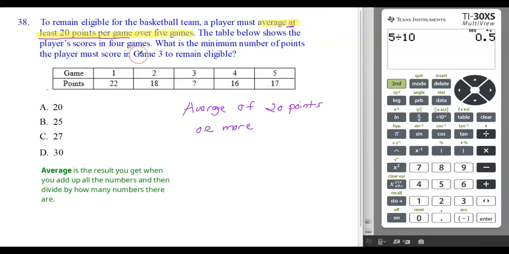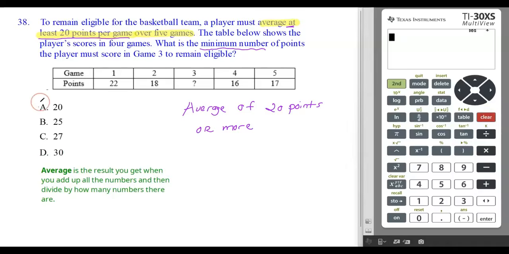And it says here in the question, what is the minimum number of points, or the smallest amount of points, the player must score in game 3 to remain eligible? So we'll start with our smallest answer choice, A, which is 20. We'll just use our answer choices to help us. And I wrote down what average is down here. You can read that. Let me clear this out.